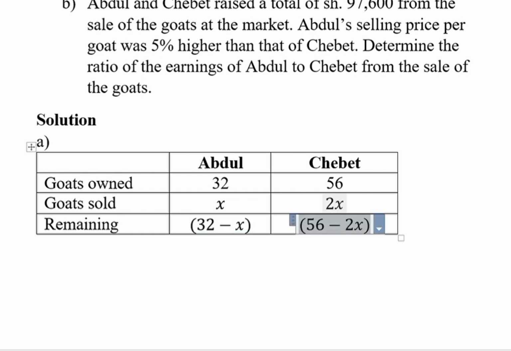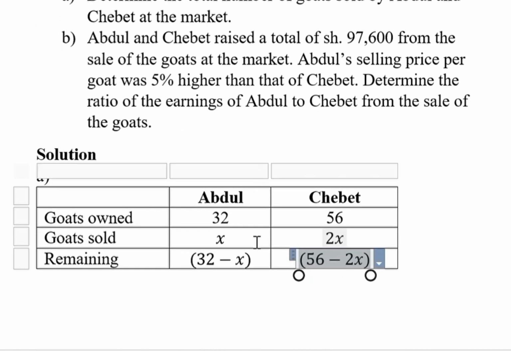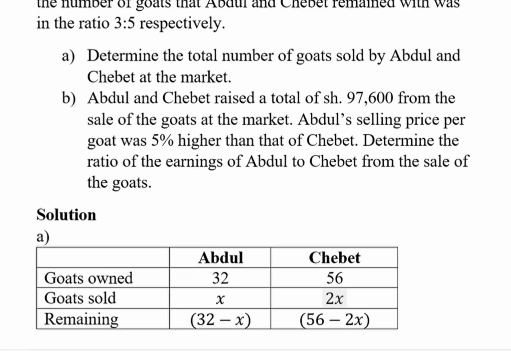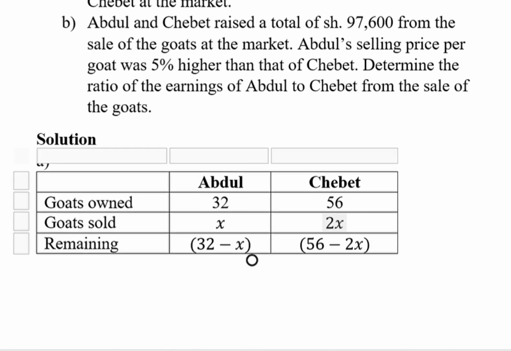Now we are told that the number of goats that Abdul and Chebet remained with was in the ratio 3 to 5. So that means that if we write a ratio using these algebraic expressions, that ratio should be equal to 3 to 5.